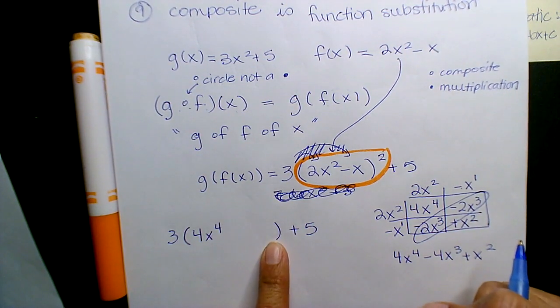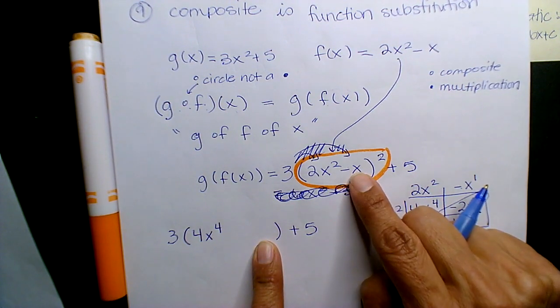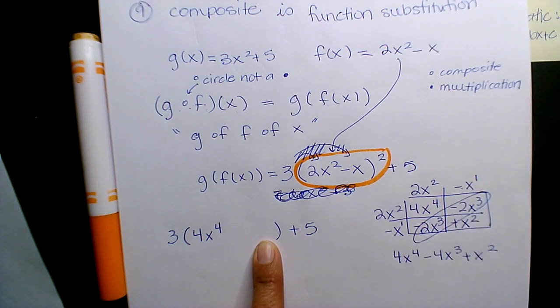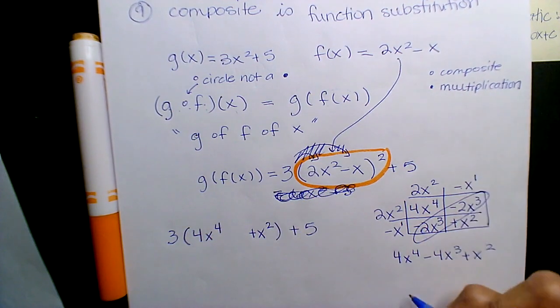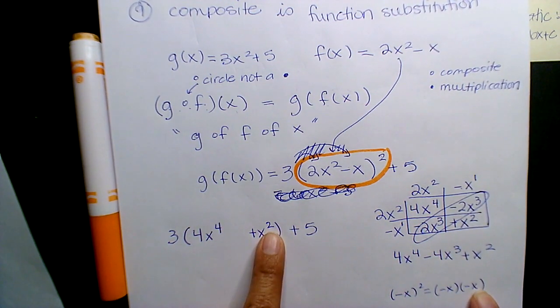Okay, the last term, your trinomial's last term. What is negative x squared? Positive x squared, right? What's negative x times negative x? Positive x squared.